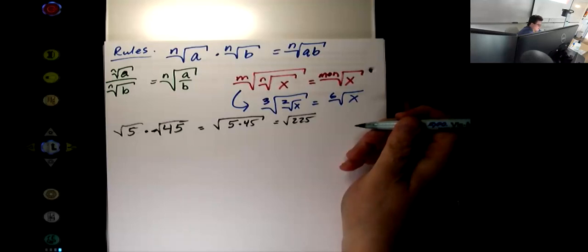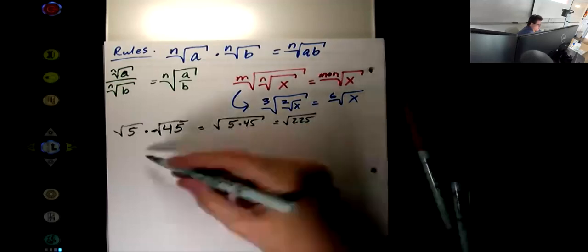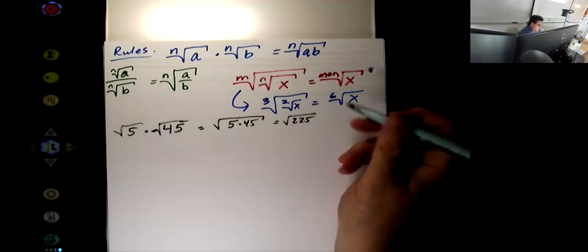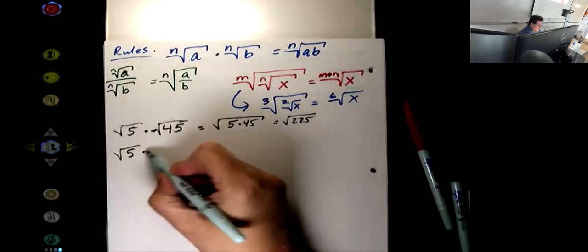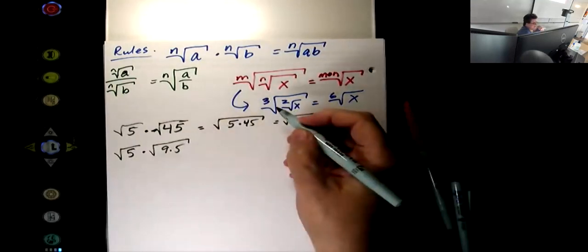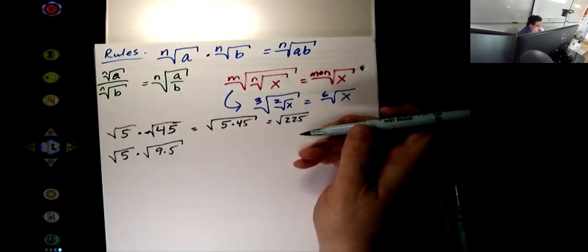If you're using a calculator, you're just gonna put this in. But at some point, the calculator slows you down. It really does. I can write this as the square root of 5 times the square root of 9 times 5. Avoiding the calculator here.